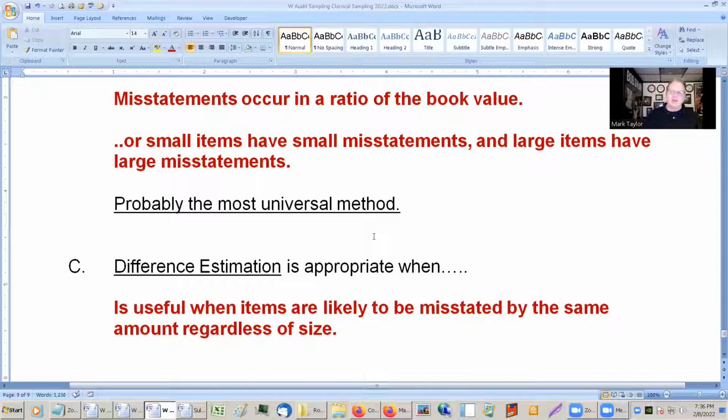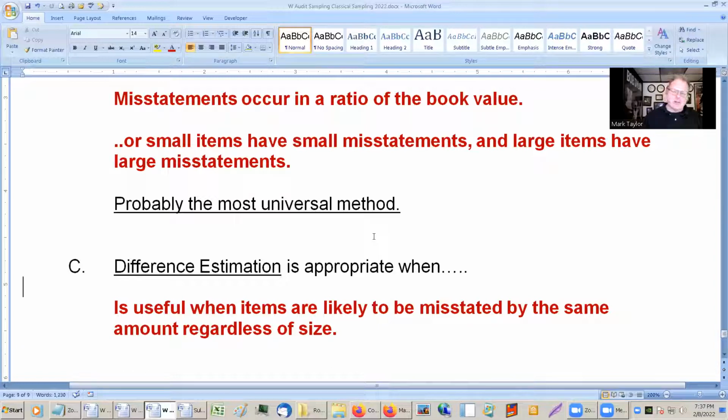So it could be a shipping charge that's not added in correctly, or a $50 discount that's given for all sales made in January or something like that. If it is misstated, it doesn't matter whether it's a $100 account or a $100,000 account, it probably will be off by that same amount. So this is when things are misstated by the same amount.